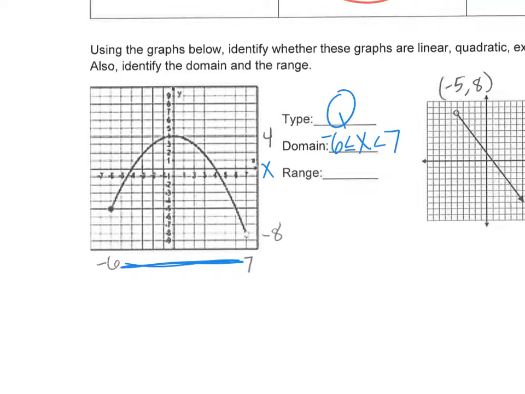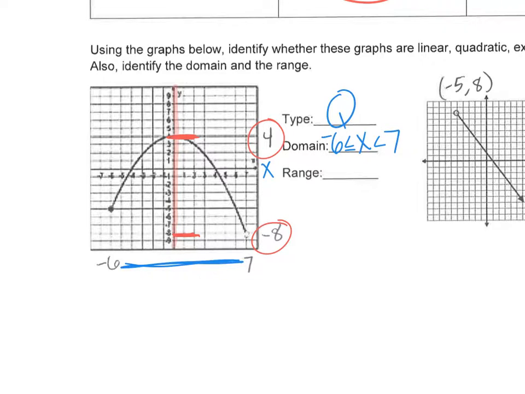Then for my y's, remember this is up and down. This time it's a little bit different because this range specifically does not use the 2 endpoints. Remember yesterday we used the y-axis. So I'm using this y-axis, and I'm saying on that y-axis, this function goes all the way down to -8, and it goes all the way up to 4.